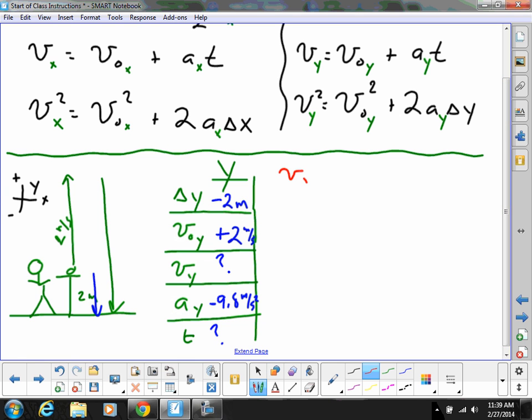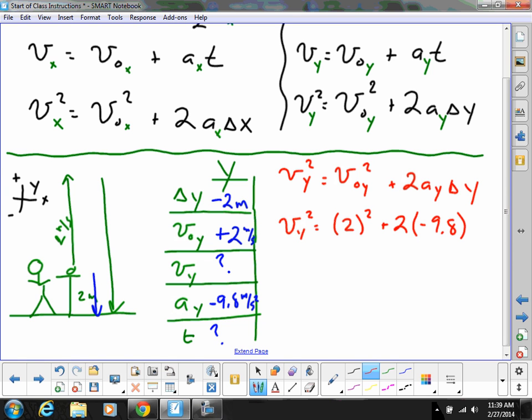So v_y squared equals v naught y squared plus 2 a_y delta y. So v_y squared equals, let's see, 2 squared plus 2 times negative 9.8 times negative 2.